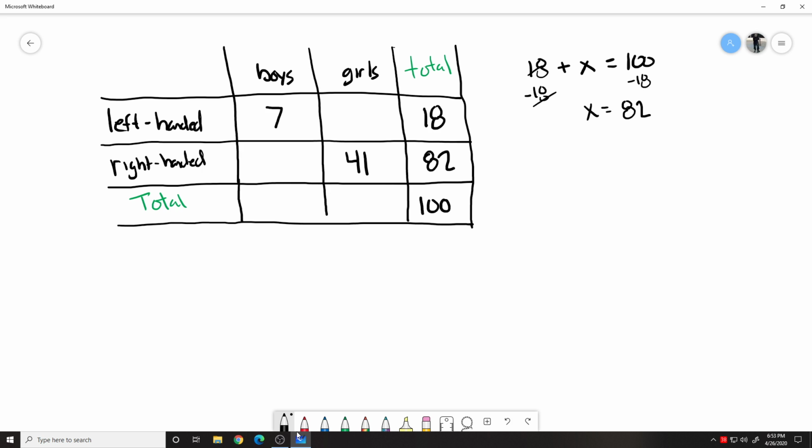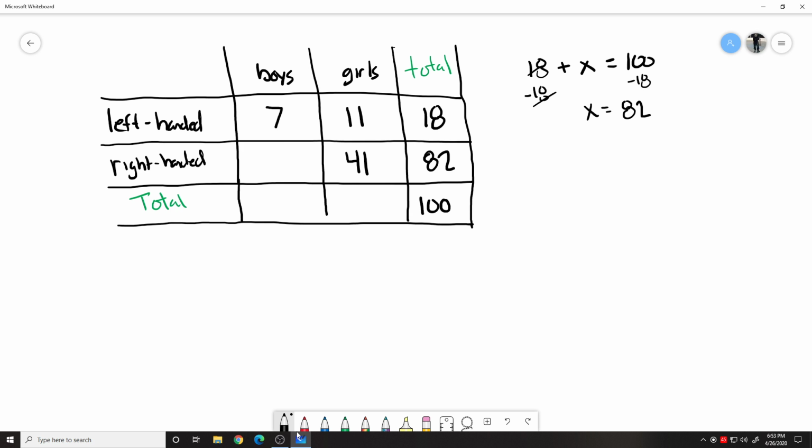Now if we look at rows, you can see this row, we've got 2 of the numbers filled in. We can figure out the third number. So 7 plus something is 18, or you can go backwards and say 18 minus 7. Well, obviously the answer is what? 18 minus 7 is 11. 11 plus 7 is 18.